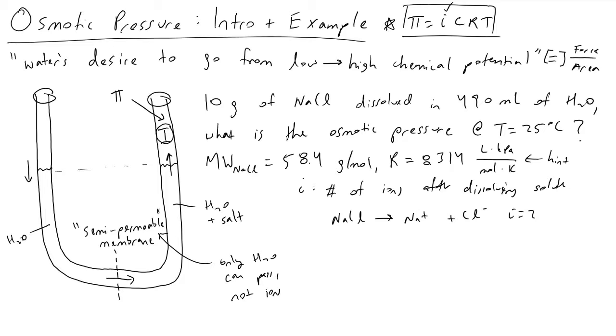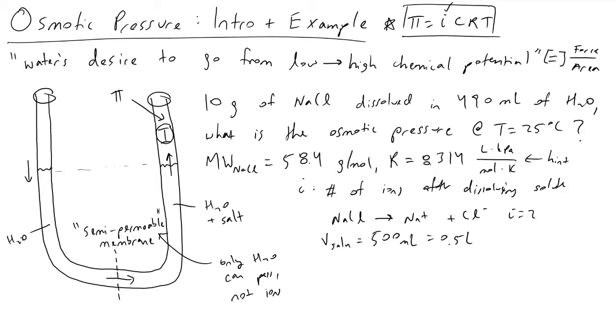And for the sake of this example, I will assume that 10 grams of sodium chloride when dissolved in water is going to be equivalent to 10 milliliters. So the volume of our solution after I've added 10 grams of salt will be 500 milliliters, which is equivalent to 0.5 liters.